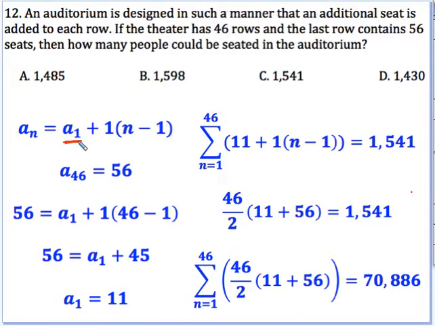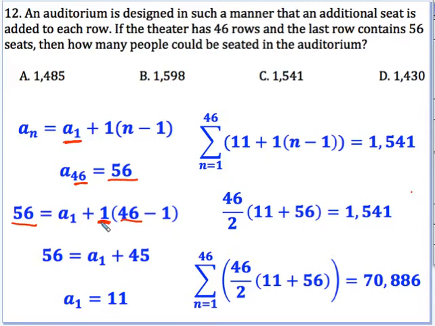I have no idea what my A sub 1 is, right? But I do know that I have a total of 46 rows, and I know that A sub 46 is 56. So now I'm going to figure out what A sub 1 is. I'm going to plug in 56 there. I plug in 46 for the n value, and I know that 1 is my common difference because I'm adding 1 each time.